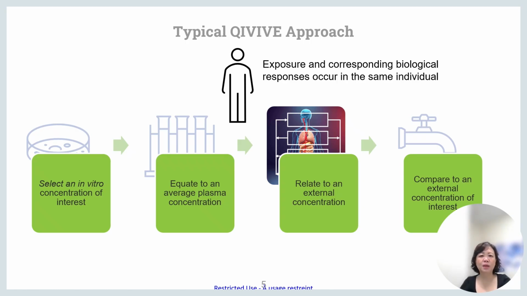We then extrapolate this internal concentration to an external dose using quantitative tools, most commonly a physiologically based kinetic or PBK model. The estimated external dose can then be compared to an external concentration of interest, such as typical human exposure levels. In this scenario, the exposure and corresponding biological responses occur in the same individual.